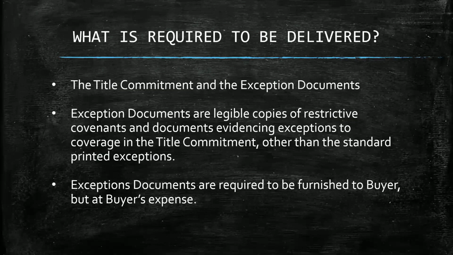And when we say exception documents, we mean legible copies of the restrictive covenants and any documents evidencing exceptions to coverage in the title commitment. The exception documents the contract requires are required to be furnished to the buyer, but the buyer has to pay for them. If there is a fee for obtaining copies of those documents, that is a buyer expense.